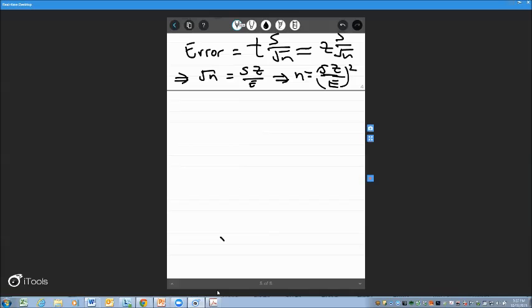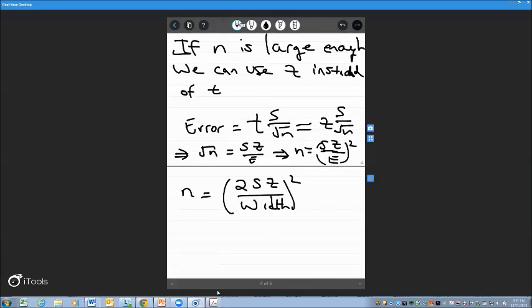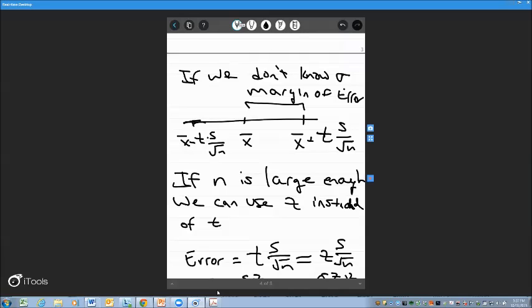Another way I could do it is n is 2s times z over the width, squared. Our interval width would be 2 times our margin of error.